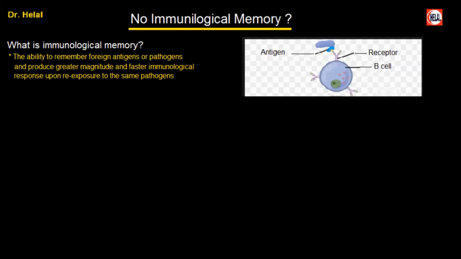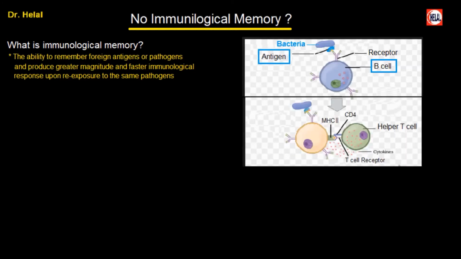First, the bacterium, on its surface an antigen, enters the body, then is recognized by a B lymphocyte. The B lymphocyte and the antigen on the surface of the bacterium will be recognized by helper T cells.